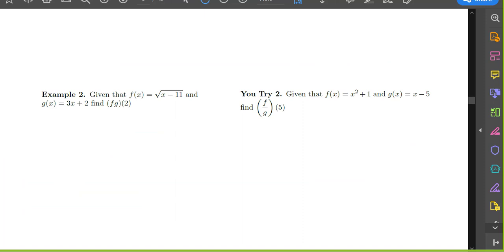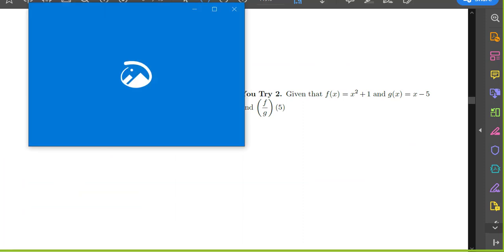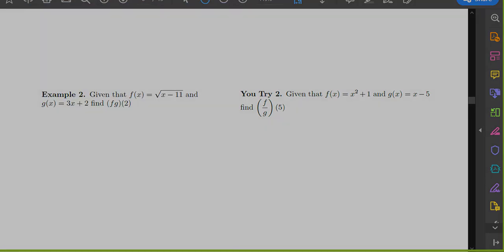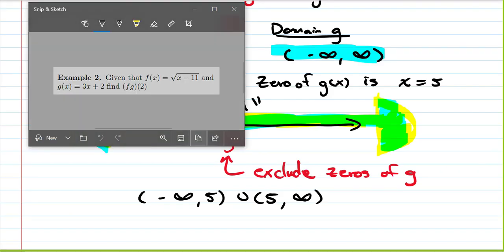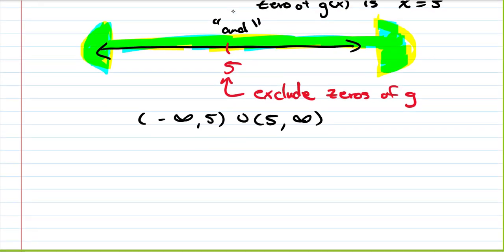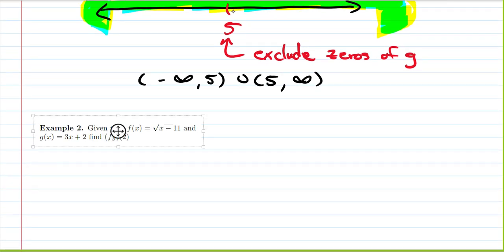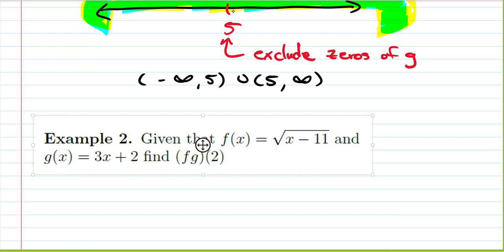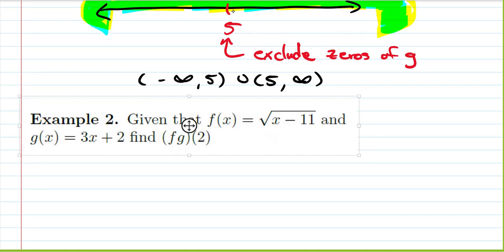All right, let's keep illustrating this. I know it's going to seem backwards, but we're going to jump back to example number 2 now. For example number 2, we're going to only find its domain.